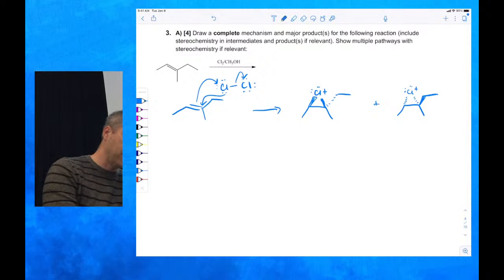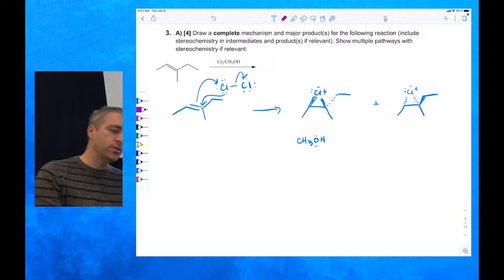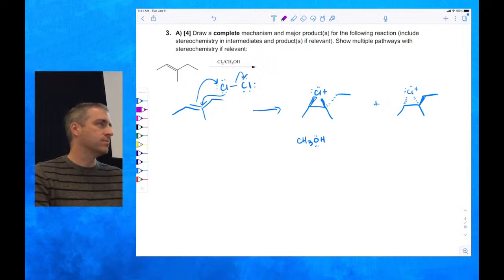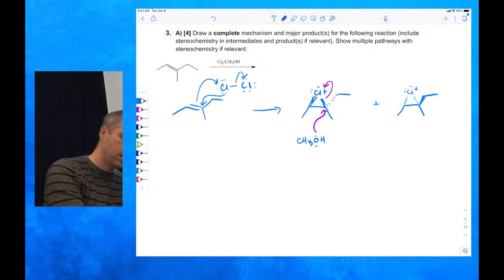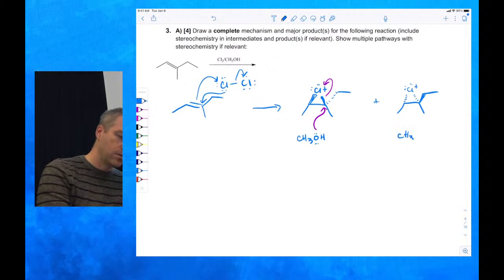And then you have your methanol, which is going to behave like a nucleophile. And it's going to attack the more substituted carbon. And this is going to attack that carbon too.